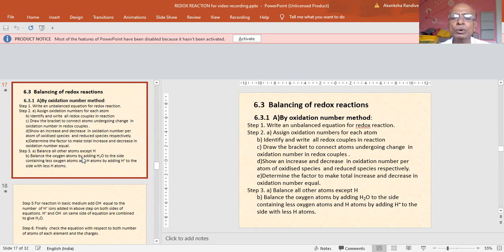Then show an increase and decrease in oxidation number per atom of oxidized species and reduced species respectively. So with the help of oxidation number methods, we can show the increase and decrease in oxidation number per atom of the oxidized species and reduced species. If there is an increase in oxidation number, the species is oxidized.